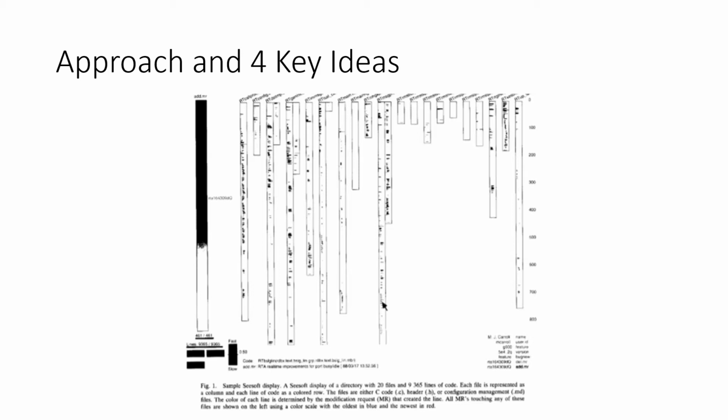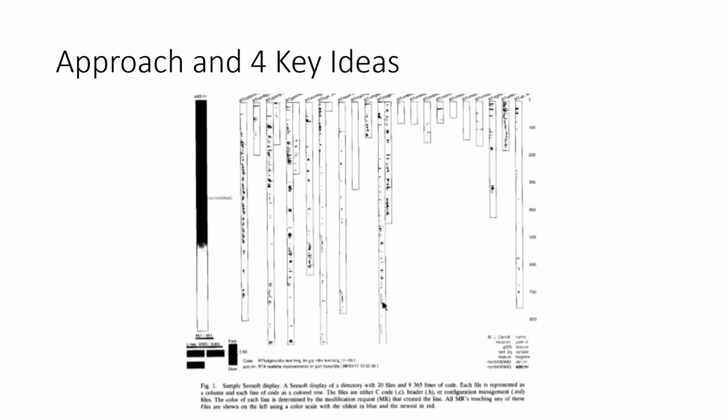Reduced representation displays files as columns and lines of code as thin rows. Color is determined by statistics associated with the line of code it represents. And direct manipulation allows the user to manipulate the displays to find patterns.